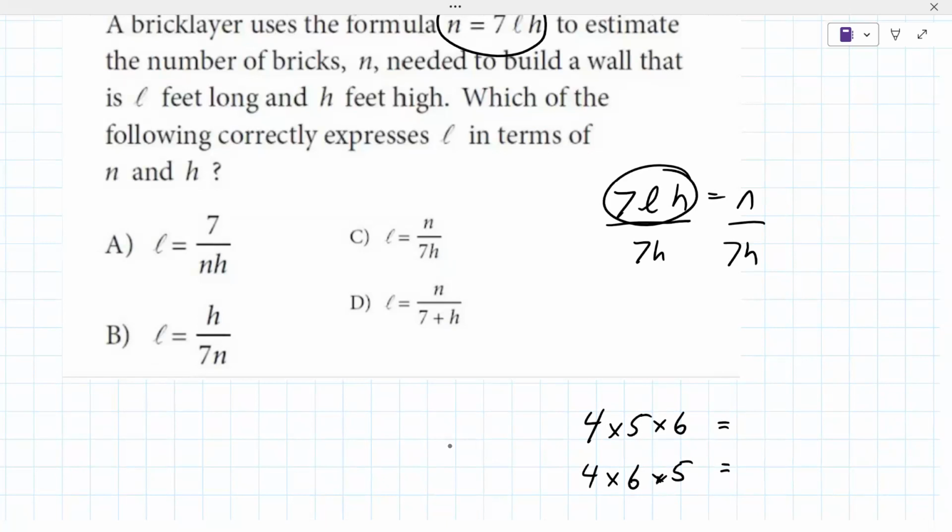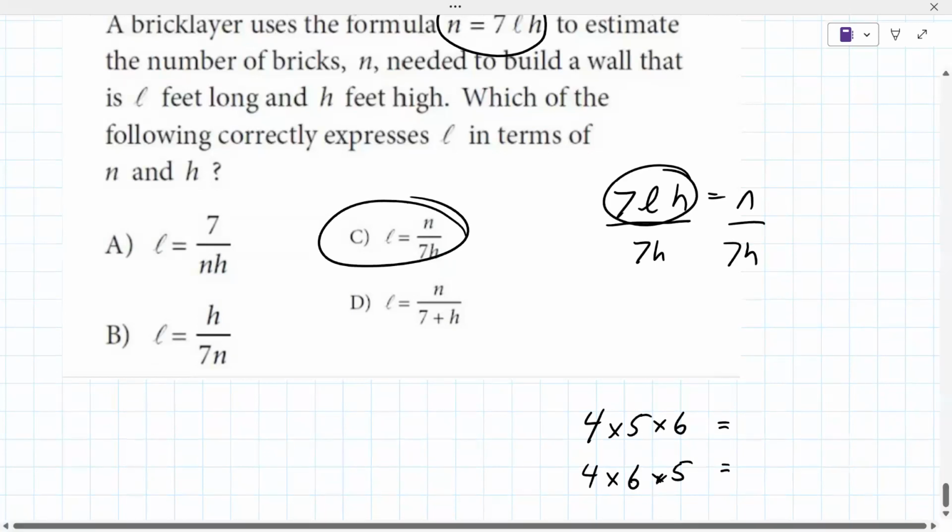I'm going to take your silence as you're maybe trying to multiply them. So C. The point is these are the same, whether you look at it as 7 times L times H or 7H. But that's really good.